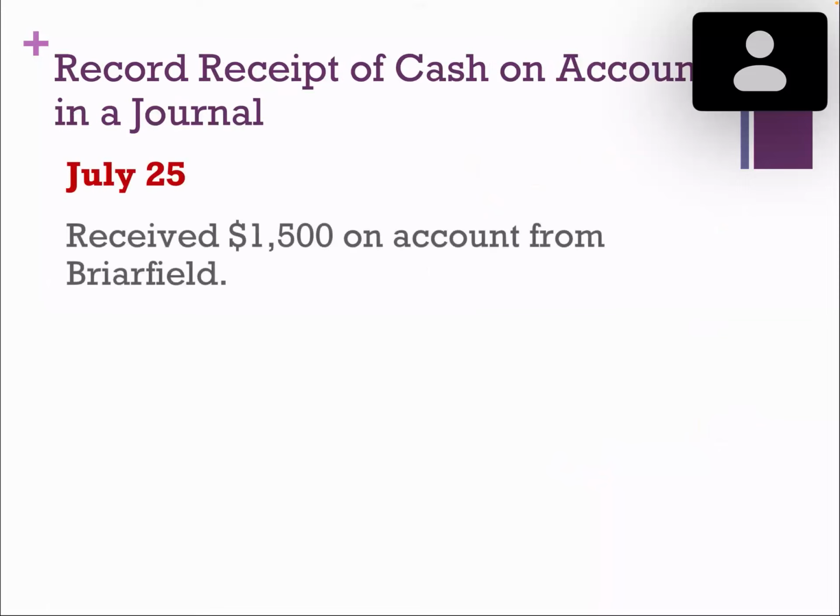Okay, so now someone is paying us. So remember, before we sold on account, which means we gave them the inventory, but they hadn't paid us yet. Now they're paying us. Okay, so really think through these carefully. Okay, our assets are going up. We're receiving cash, $1,500. Okay, but before, when we sold on account, we had our accounts receivable go up.